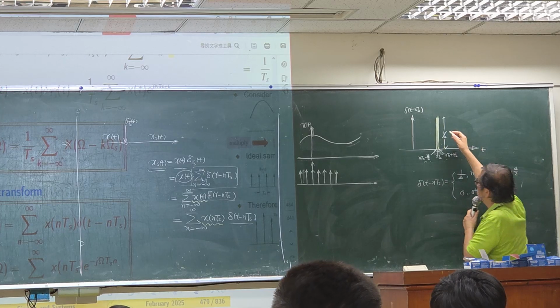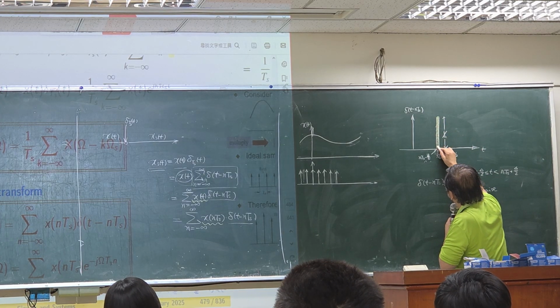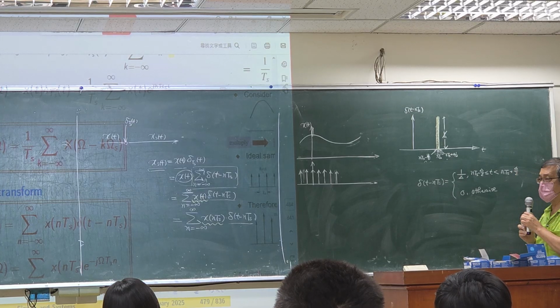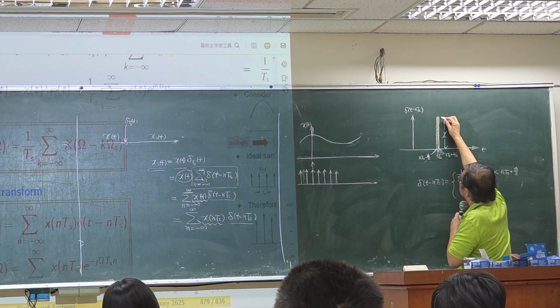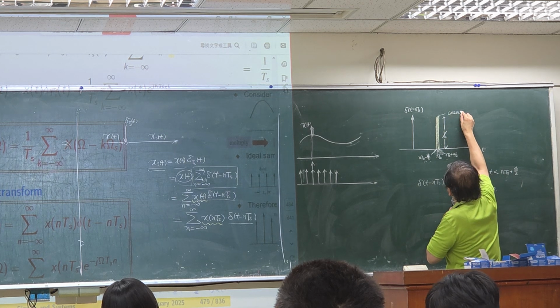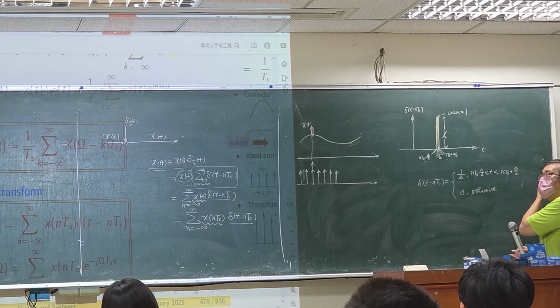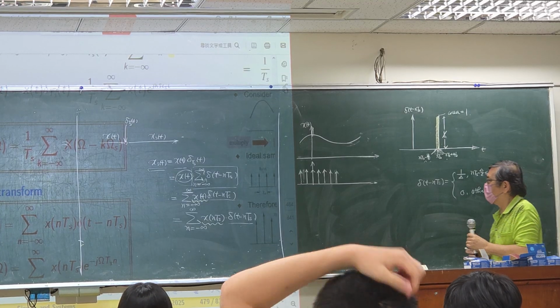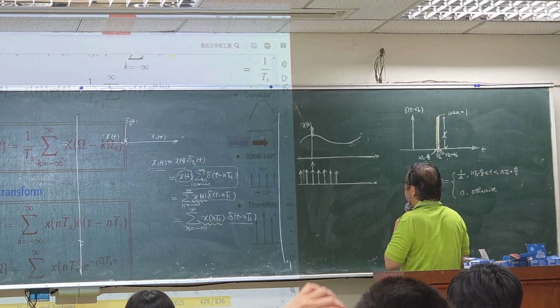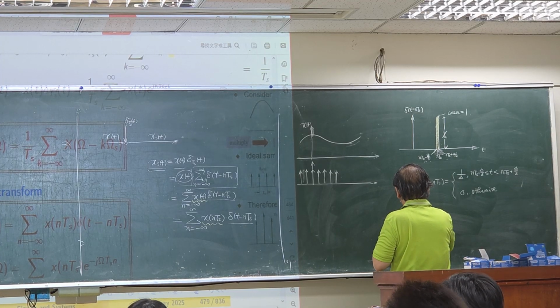So you can see that the area is actually equal to 1. Okay, this is the rectangle approximation. Now if I multiply this x(t) times this function, just pick one of them.